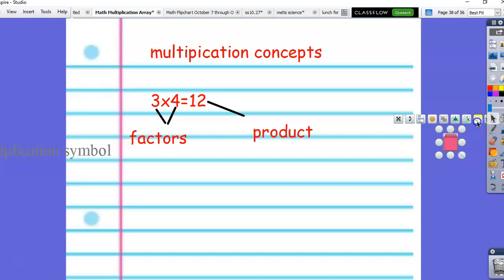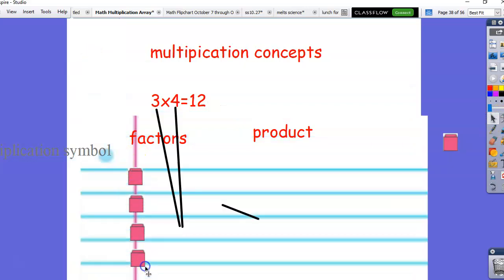So the first thing is we said we had, so the students would come over here and they made their blocks, and we said we have 3 groups, and each group has 4. So they made their 3 groups. So here's one group of 4, and they drew this actually on their paper in their journal. So they had their one group.